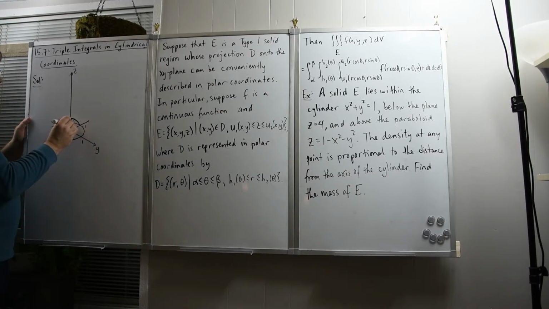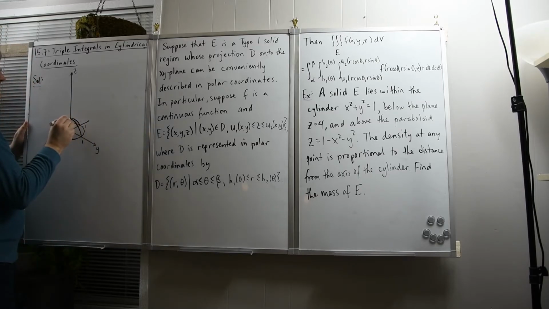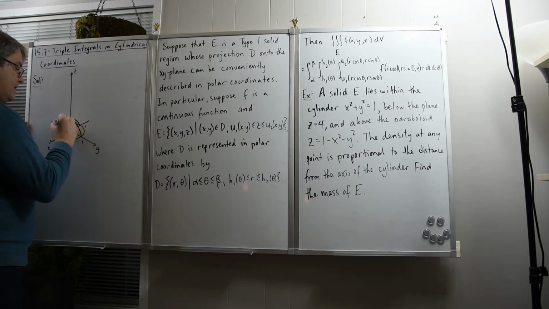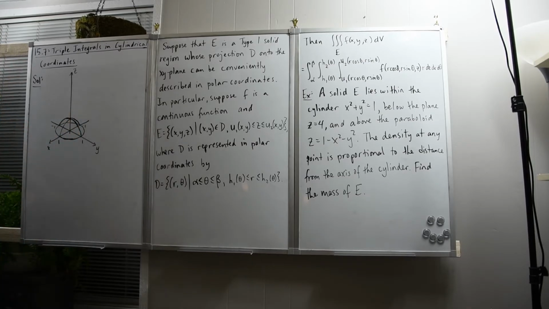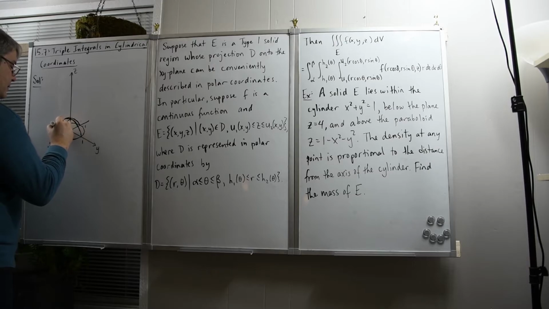Once again, we're getting a parabola. So we have the skeleton of the paraboloid right now, and if we were to fill this out, we would get a picture that looks something like this.